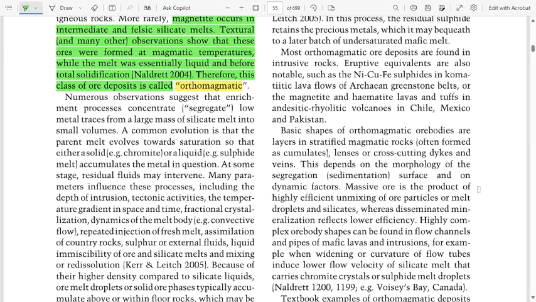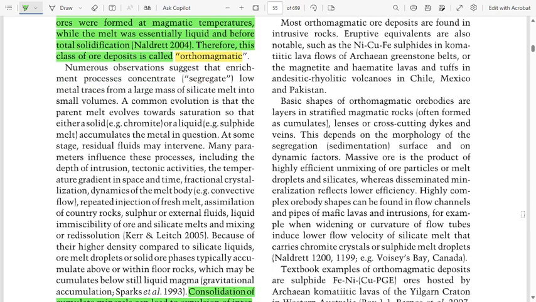Massive ore is the product of highly efficient unmixing of ore particles or melt droplets and silicates, whereas disseminated mineralization reflects lower efficiency. Highly complex ore body shapes can be found in flow channels and pipes of mafic lavas and intrusions. For example, widening or curvature of flow tubes induces lower flow velocity of silicate melt that carries chromite crystals or sulfide melt droplets.